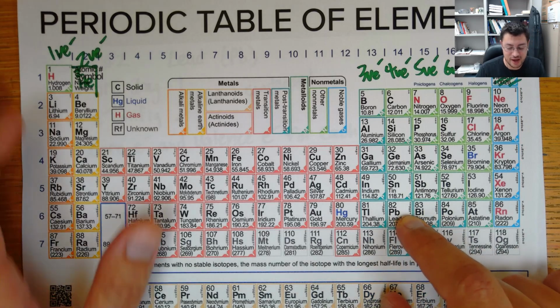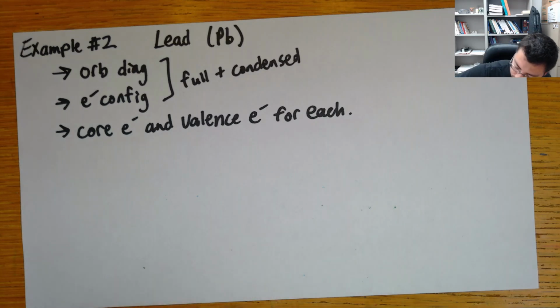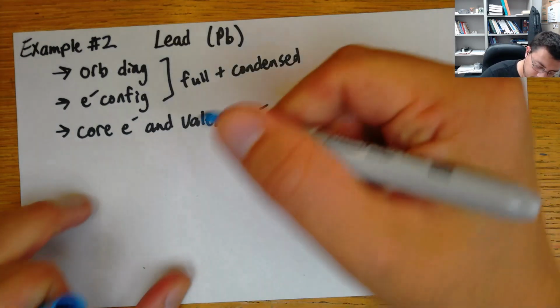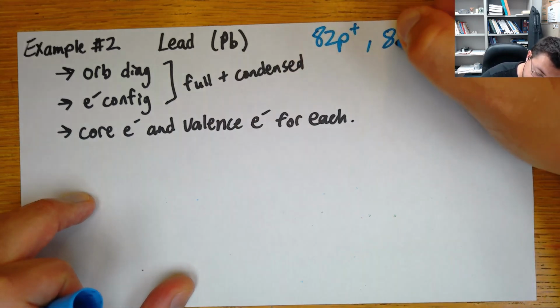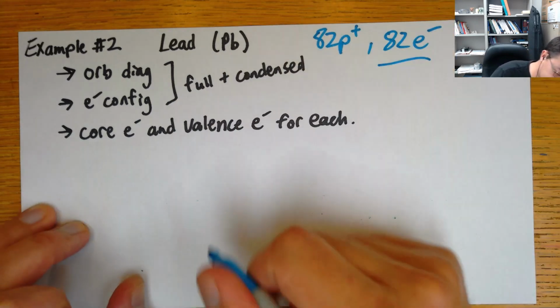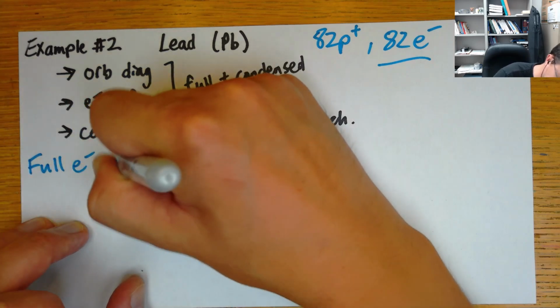All right, that's a lot. So we had 82 protons, 82 electrons, full electron configuration.